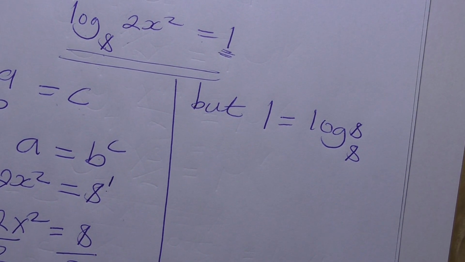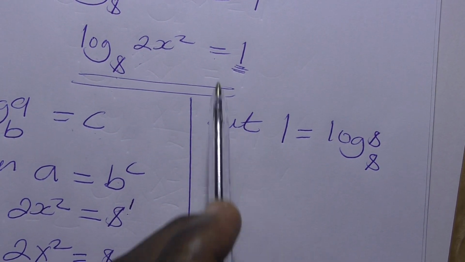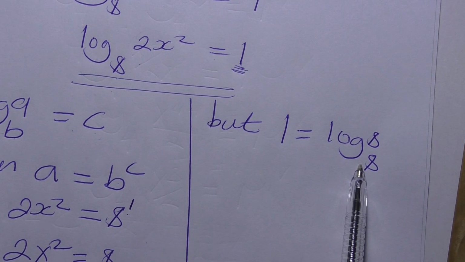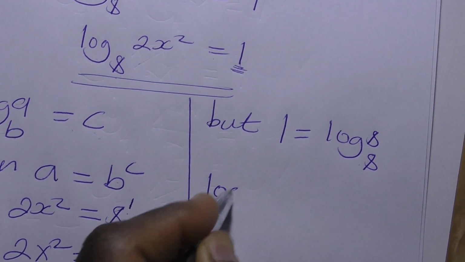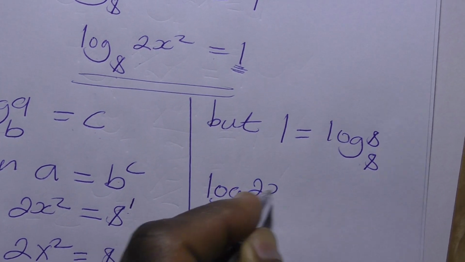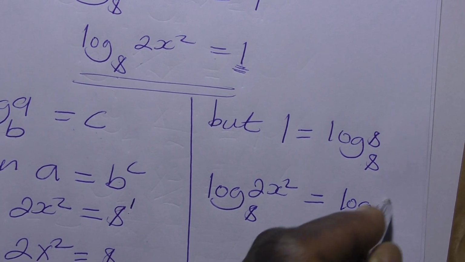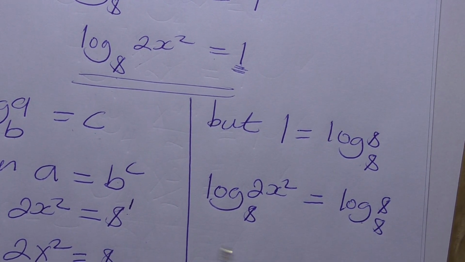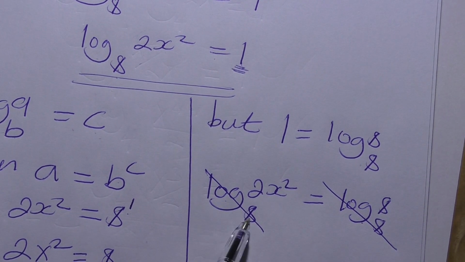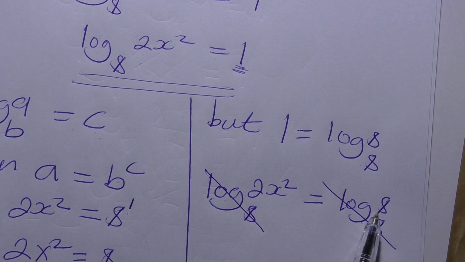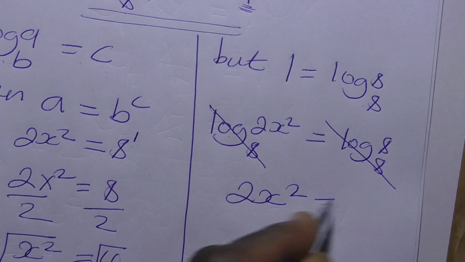So we are replacing 1 with log 8 power 8. So that is log 8 power 2x squared equals log 8 power 8 instead of 1, whereby we now cancel the logs and remain with the powers. So that gives us 2x squared equaling 8.